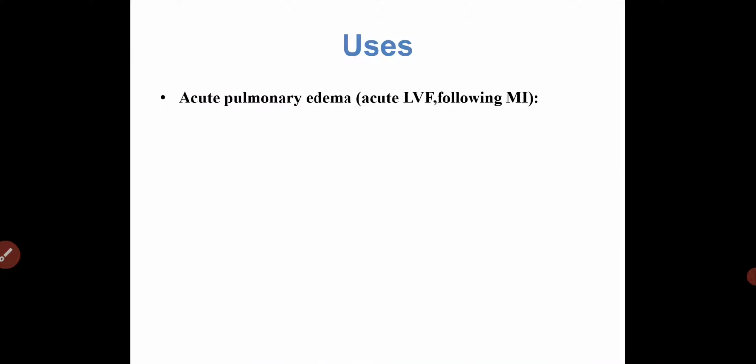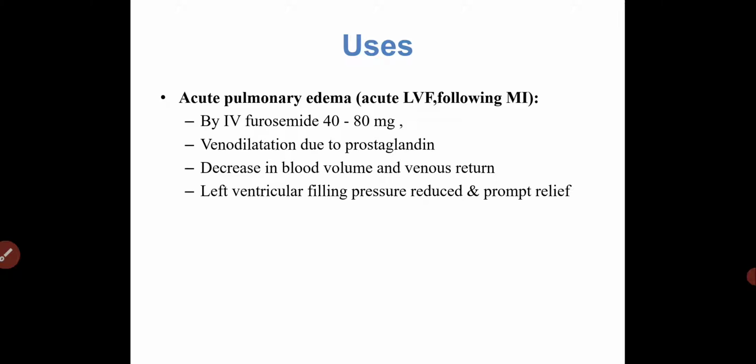Let's see the uses of loop diuretics. They are given in acute pulmonary edema and acute left ventricular failure following myocardial infarction. It is useful in this emergency-like condition. Here we give intravenous furosemide 40 to 80 milligrams.